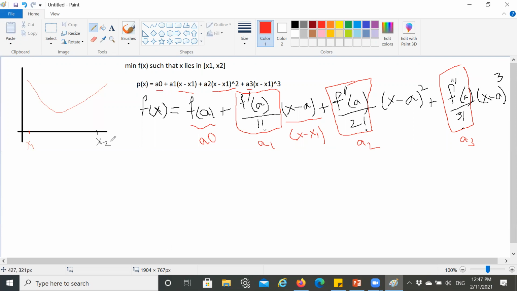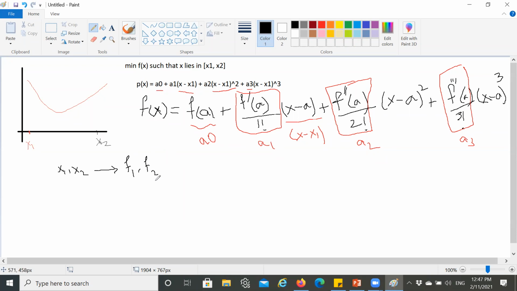Now, I told you I've been given 2 points, but I need 4 equations. So obviously, it's very easy to see how we can do that. The 2 points are given to us. If 2 points x1 and x2 are given, we can find the functional values of these 2 points, which would be f of x1 and f of x2.